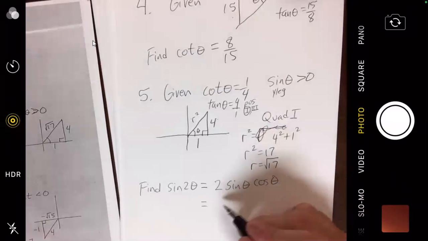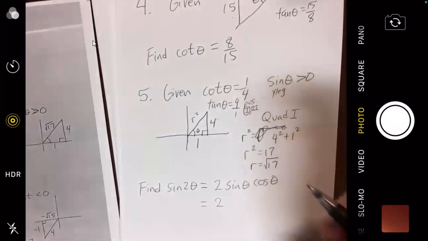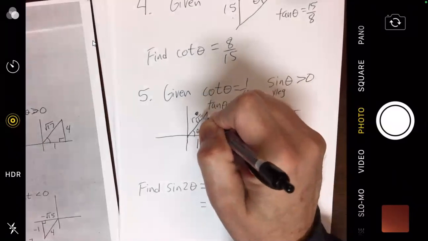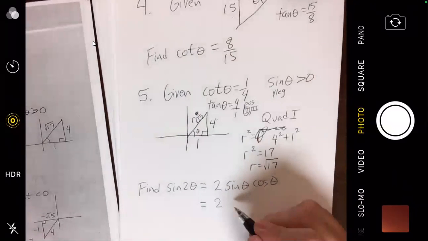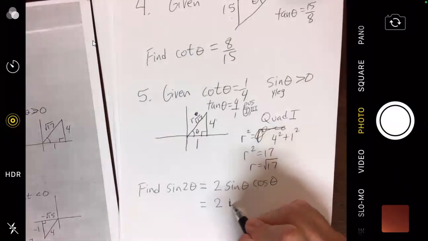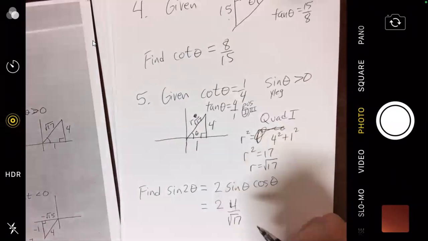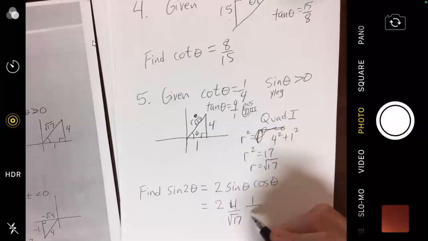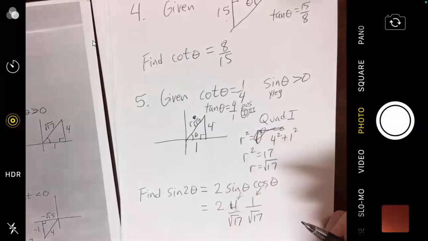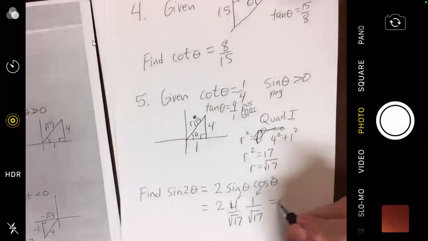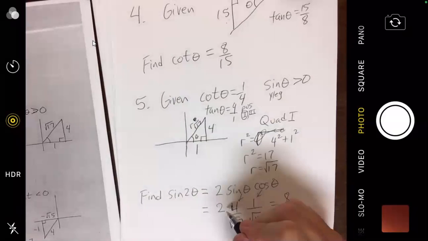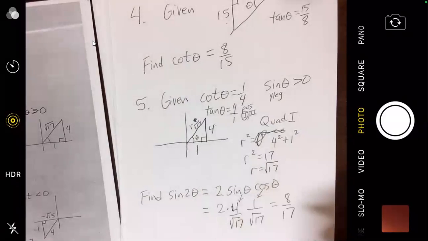Your sine is 4 over root 17. Cosine is 1 over root 17. And so you have 8 over 17. 2 times 4 is 8, root 17 times root 17 is 17.